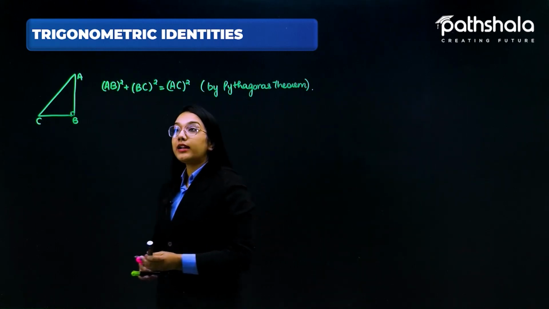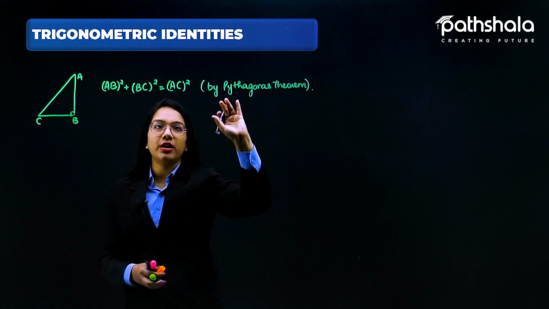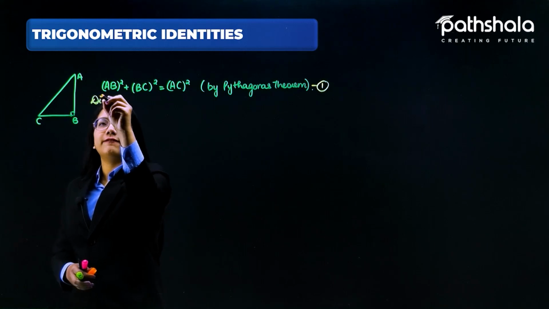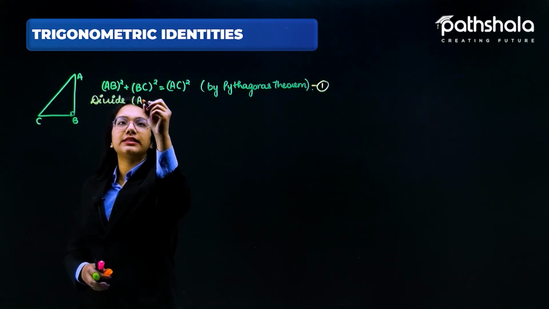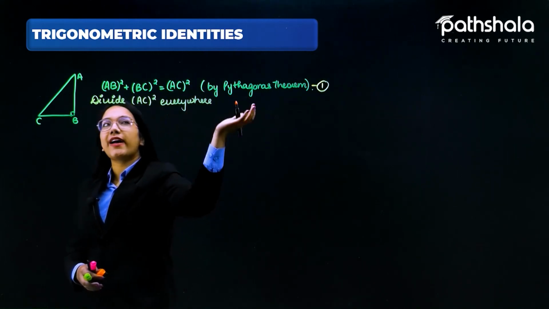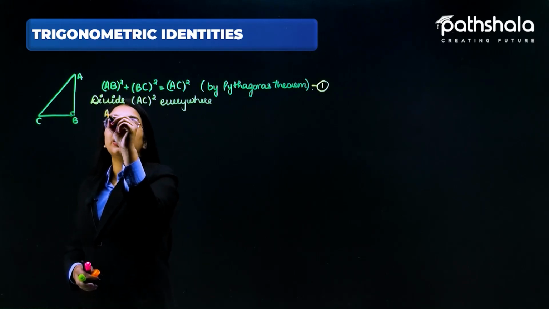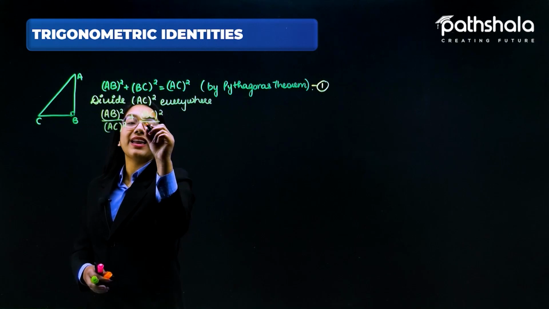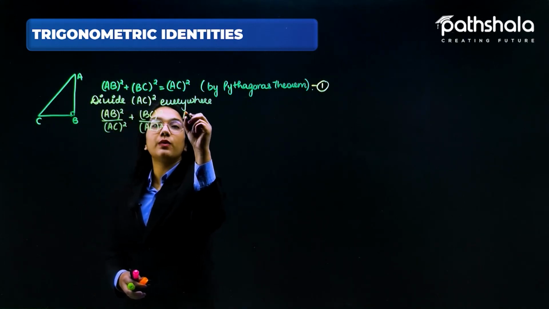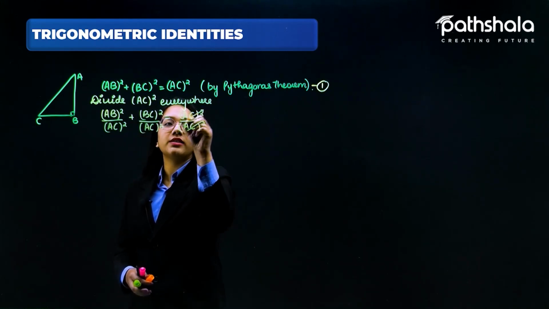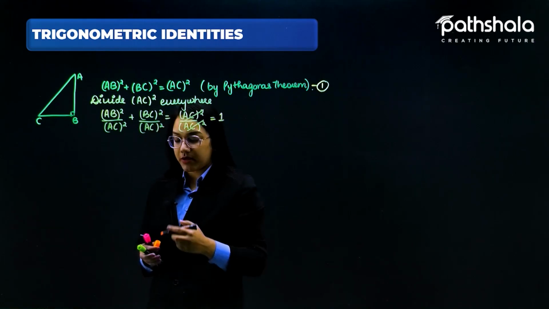First of all, let us divide AC whole square everywhere in this equation. This gives AB whole square by AC whole square plus BC whole square by AC whole square, equal to AC by AC whole square. AC whole square cancels with itself, and this value is equal to 1.